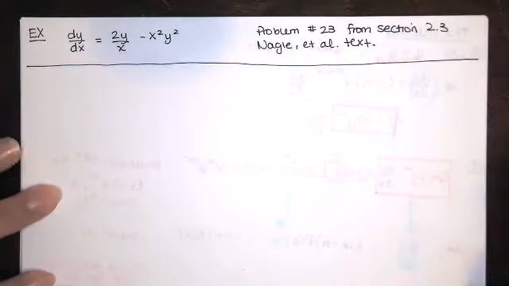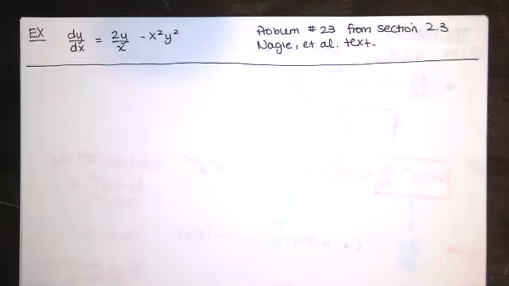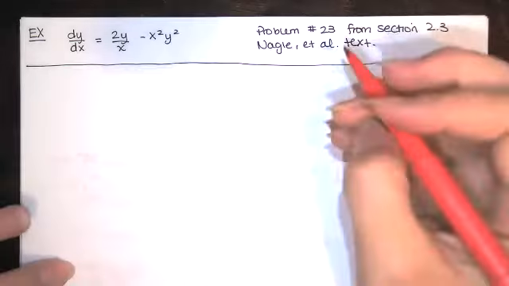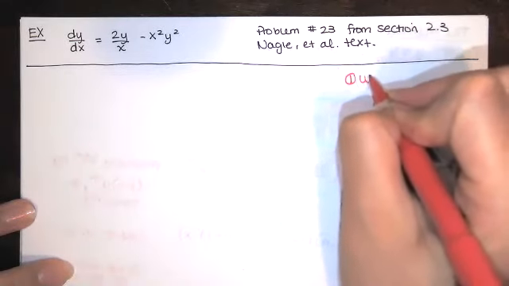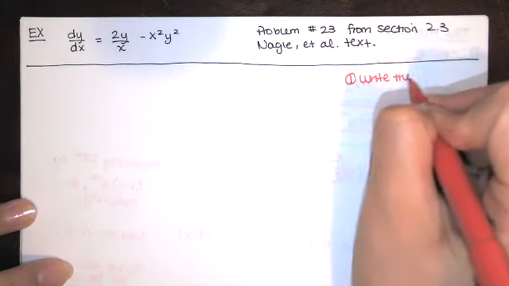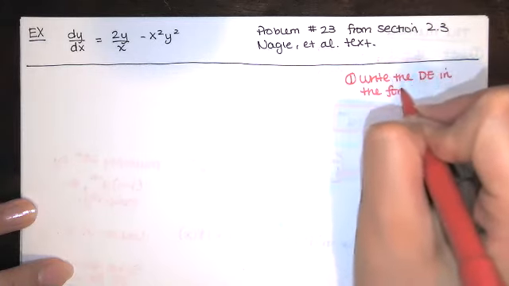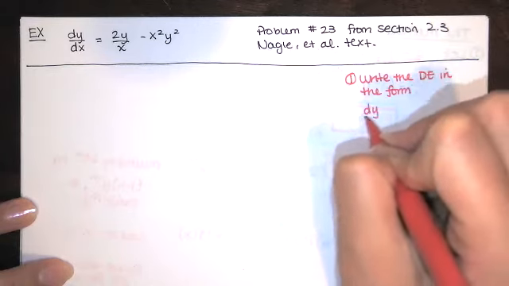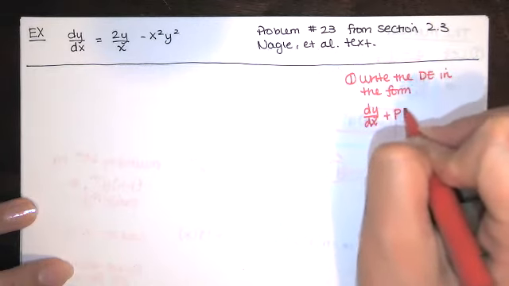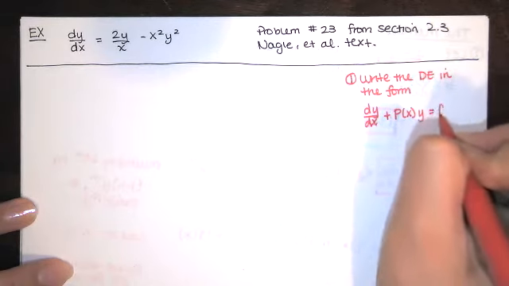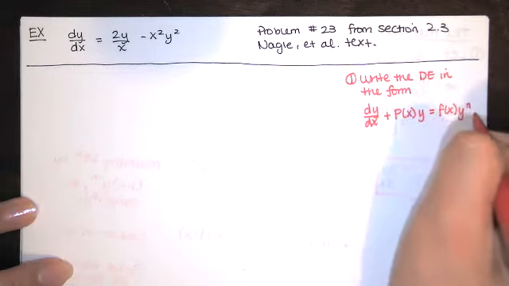The first thing that we'll do to solve this Bernoulli differential equation is write the differential equation in standard form, or write the DE in the form dy dx plus a function of x times y equals a function of x times y to the n power.